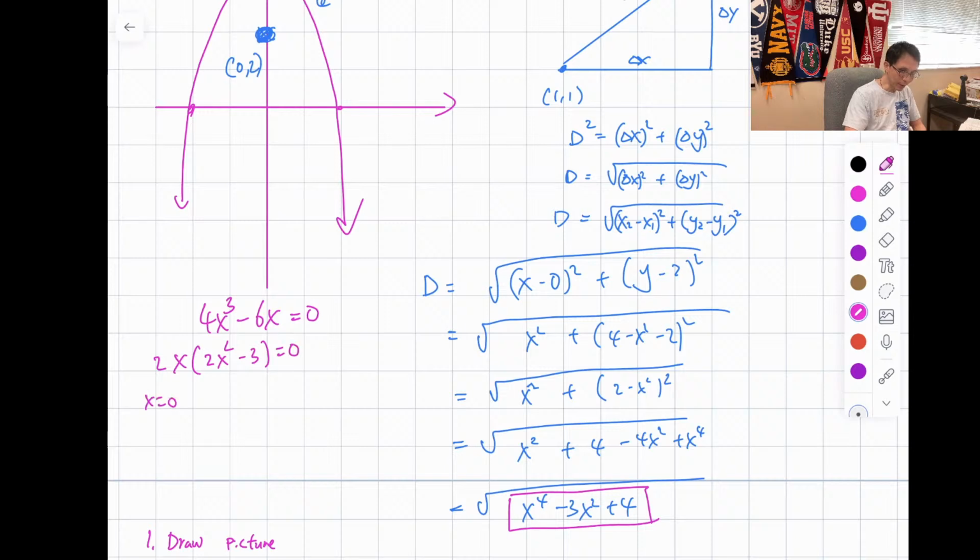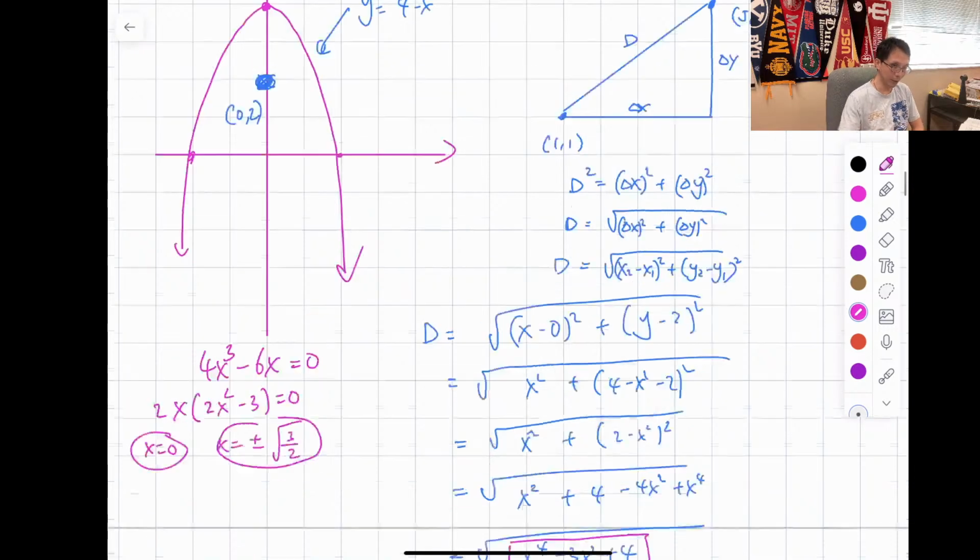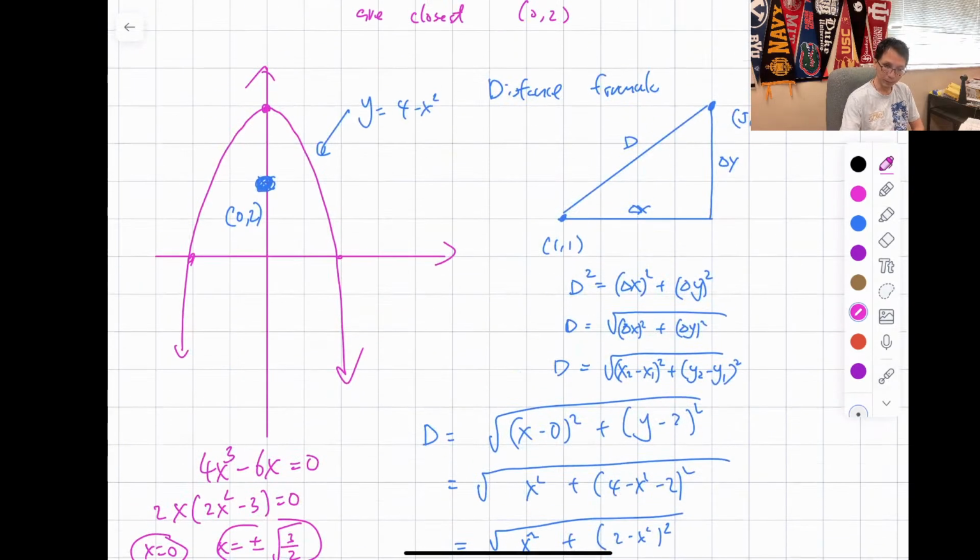So x equals 0, x equals plus or minus, I think it's root 3 over 2. But this is not the answer yet, because one of them is right here, and the other is somewhere around 3 over 2, which is 1.5. Square root of 1.5 is somewhere around here.